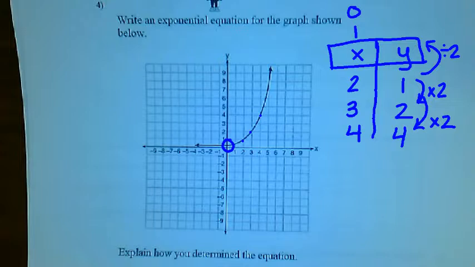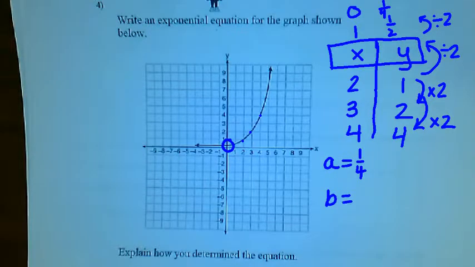Okay, so this would be 1/2. If you divide that by 2, that would be 1/4. Okay, so a is going to equal 1/4, and b is equal to 2.